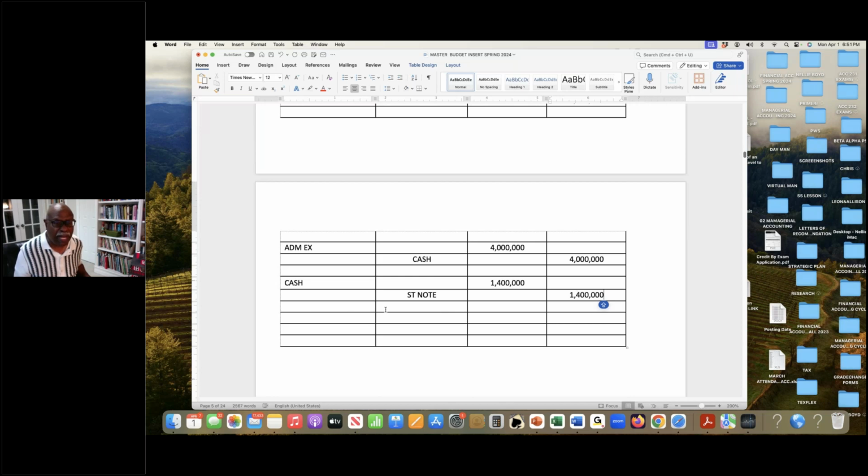And then when we paid the note back, we would debit the short-term note and we would credit cash for the 1,000,004.